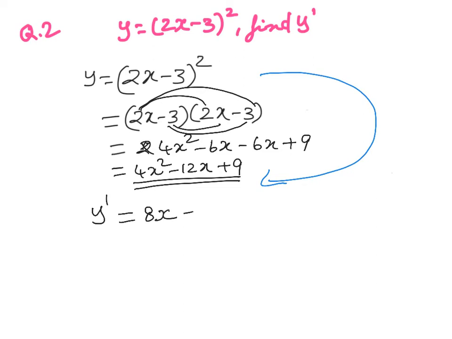Then it's 12 to the power of x, and it will become 1 times 12, x to the power of 0, which is 12. Therefore, I write here 12, and the other one is 9, which is 0. So this is my final answer. Don't differentiate again and write 8x and make it 12 0. Many learners make that mistake. So my final answer here is 8x minus 12.